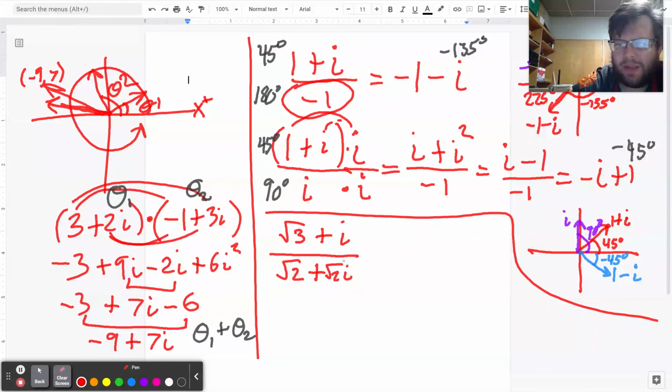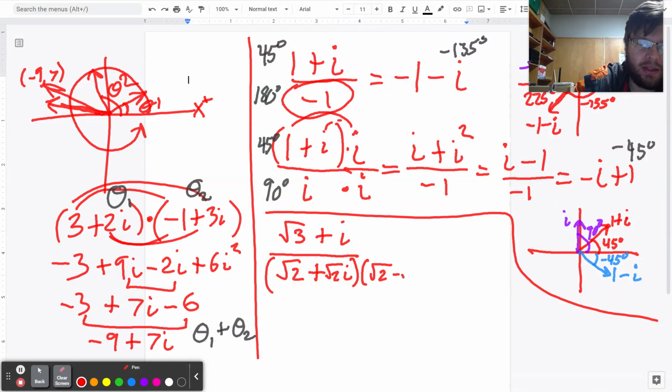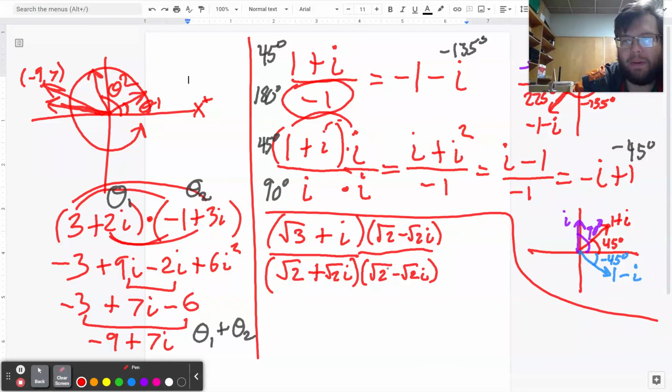Well, this is tricky because the bottom's not a real number. I can make the bottom into a real number, though, by multiplying by something that's almost the same, but not exactly the same. And that thing is called the conjugate. It's the same real number, but the opposite imaginary number.